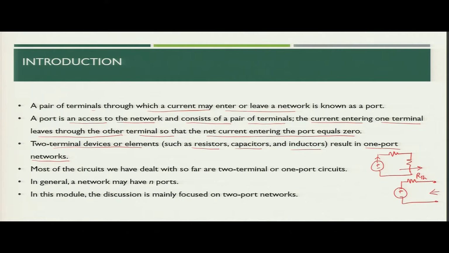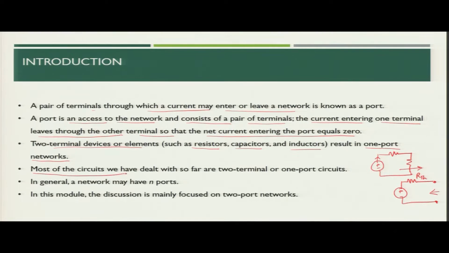So, here you will see that the circuit is having two terminals. So, these kind of circuits are called as a one port network, because here we see only two terminals and two terminals will correspond to one single port.